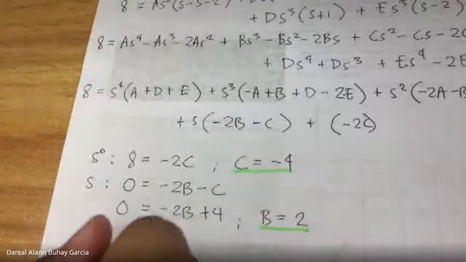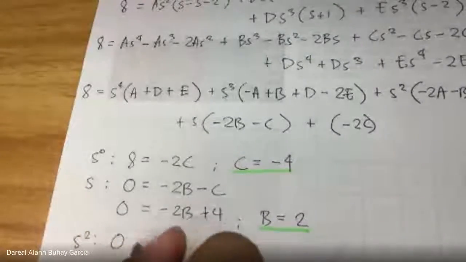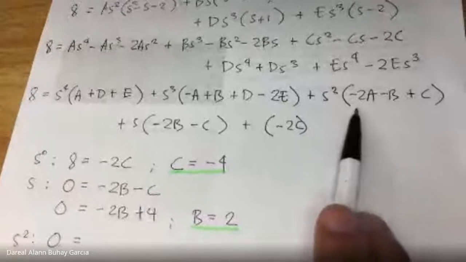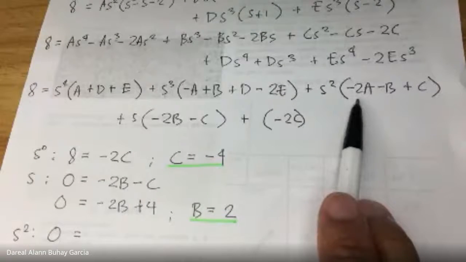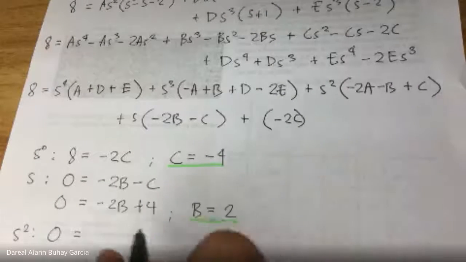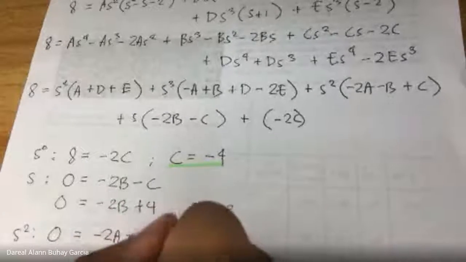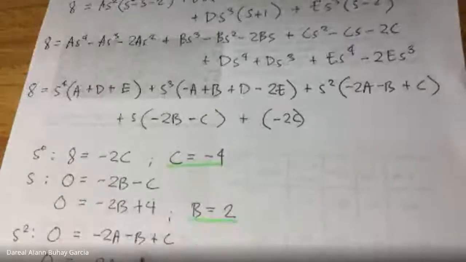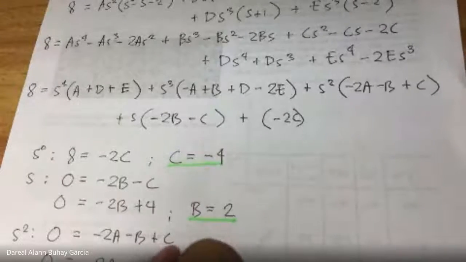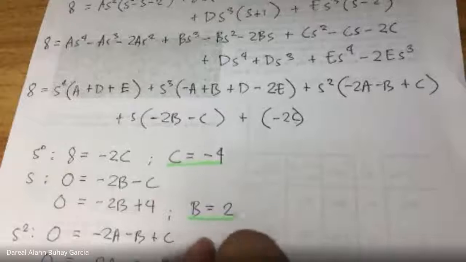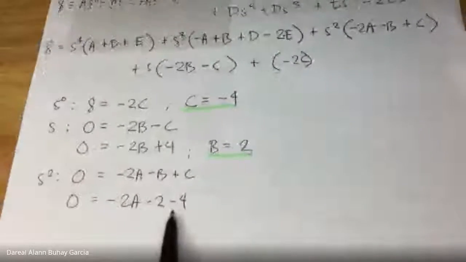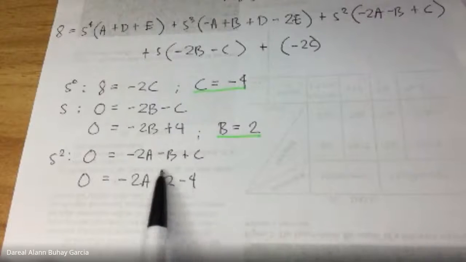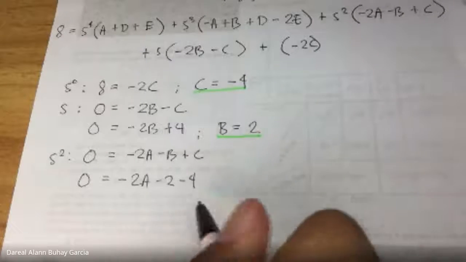Next, S squared, 0 gyapon sa left-hand side. So, right-hand side is this one: negative 2A minus B plus C. Minus 2 minus 4, so negative 6, positive 6. A is negative 3.